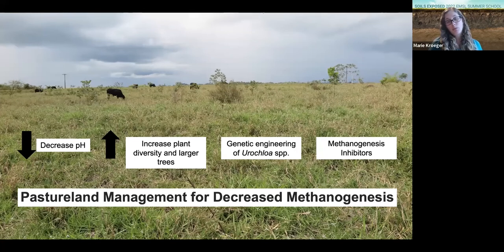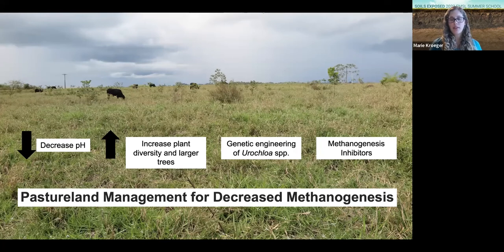Another opportunity could be to look into genetically engineering or naturally engineering Urochloa species to change how they exude root exudates, changing the composition to maybe inhibit methanogenesis or to alter the community structure to not support such high methanogenic activity. And then there are known methanogenesis inhibitors that we could test, although that would be potentially challenging to scale up to a field size.